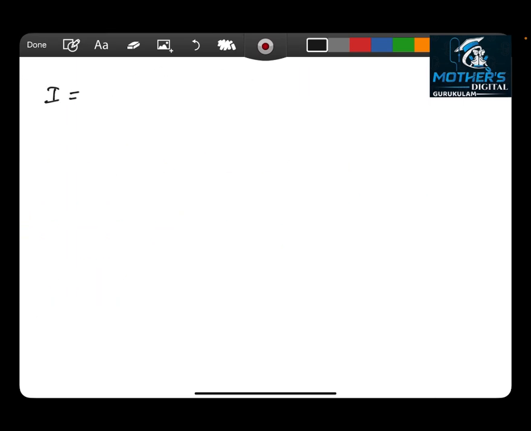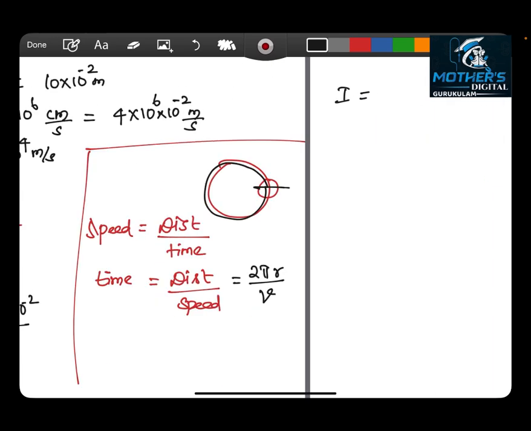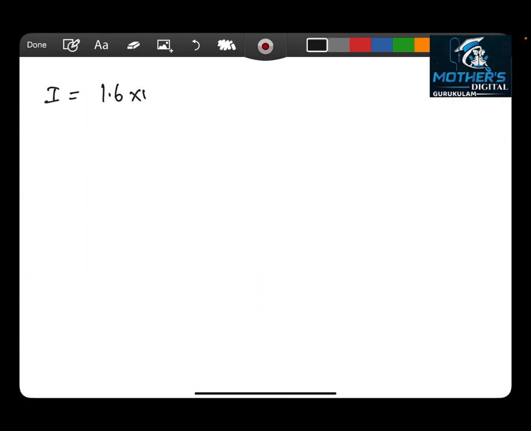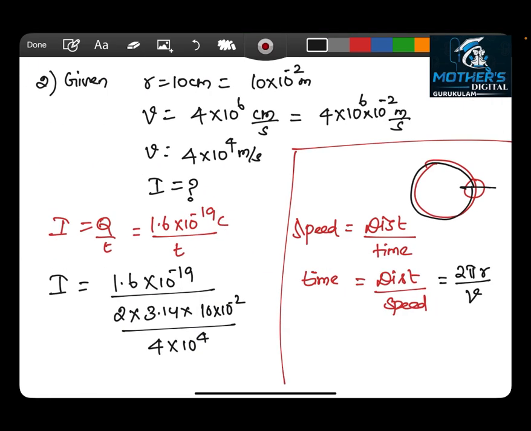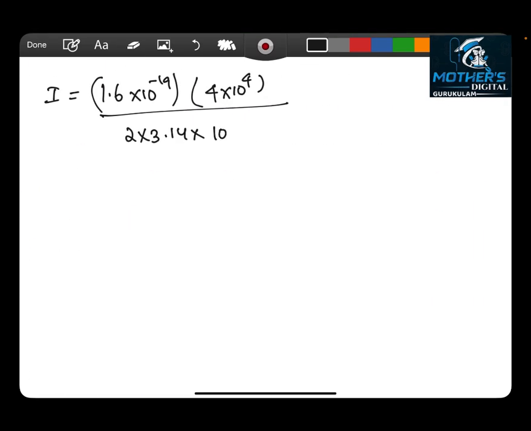Rearranging this, you'll get I equals 1.6 into 10 power minus 19 into 4 into 10 power 4 divided by 2 into 3.14 into the r value, which was 10 into 10 power minus 2.